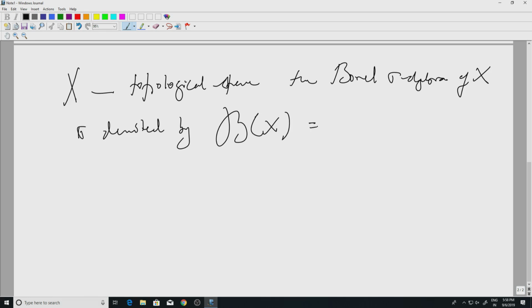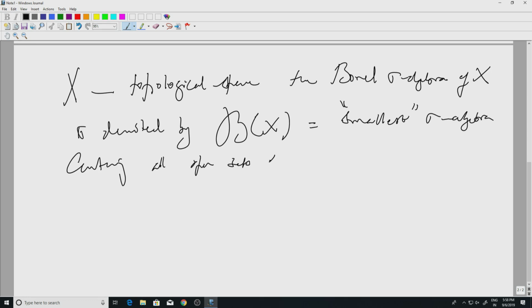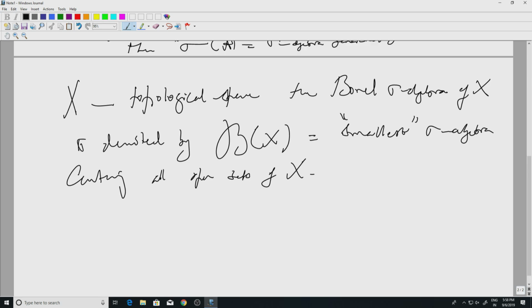So, this is of course the smallest sigma algebra containing all open sets of X. Okay. So, let us go back to Rn.